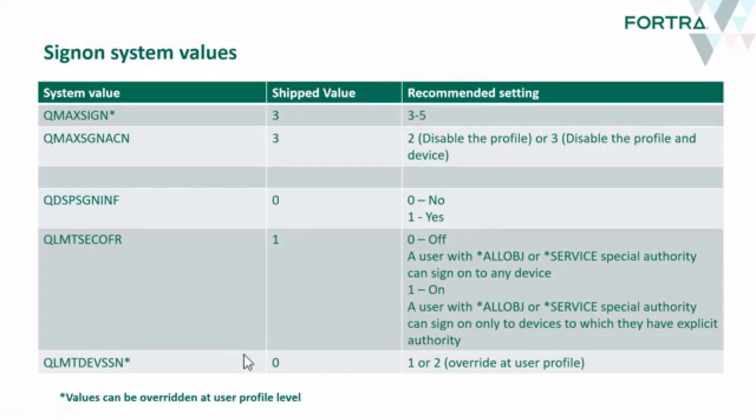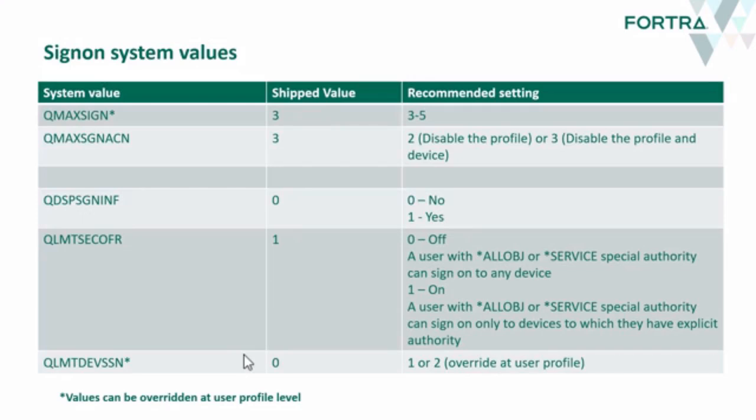Next, we're going to talk about limit security officer. So this is actually shipped turned on, meaning that any user with all object or star service is required to have explicit authority to the device they're signing on to. So when you first start up your system, you're always going to be able to sign on to the console with QSECOFR.